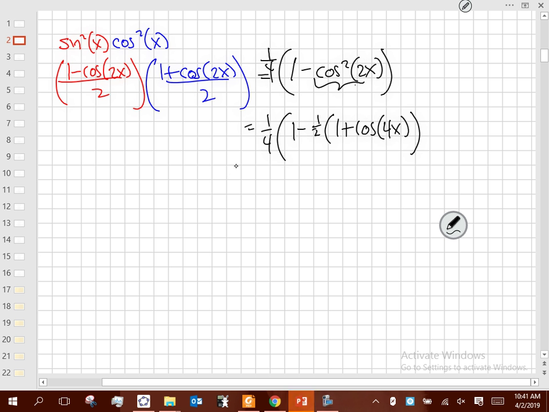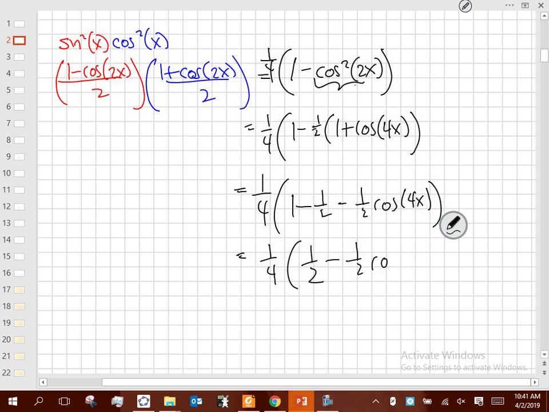Now we go 1/4. We've got 1 minus a half cosine 4x. What's 1 minus a half? A half. So 1/4, 1/2 minus a half cosine of 4x.